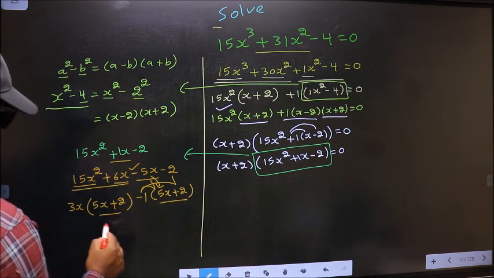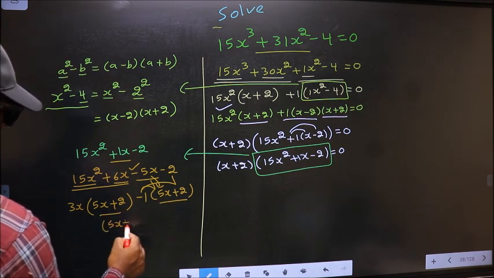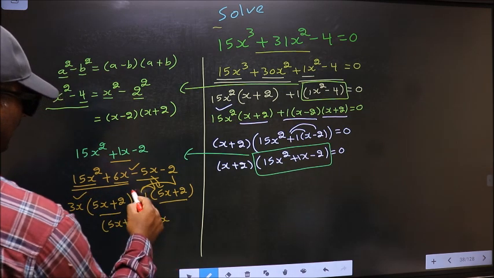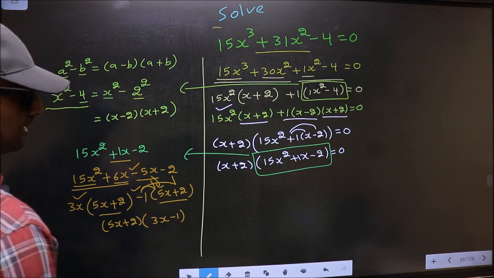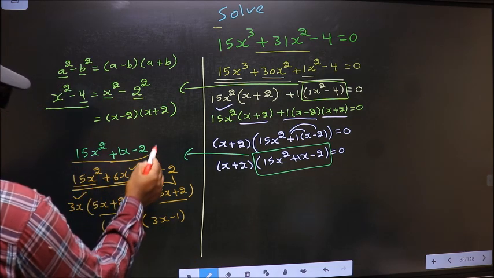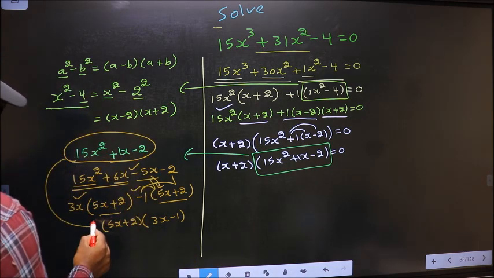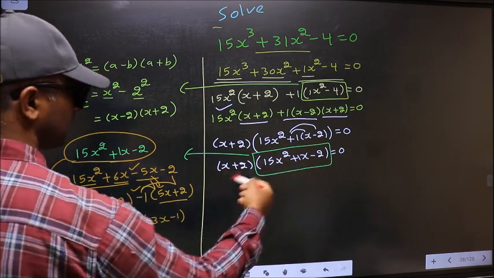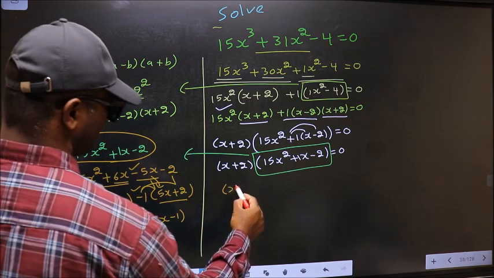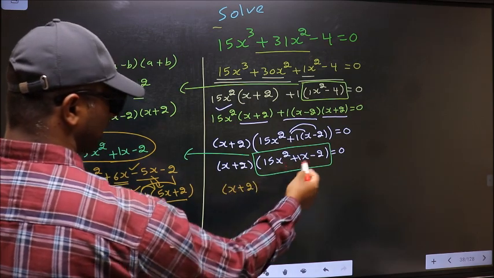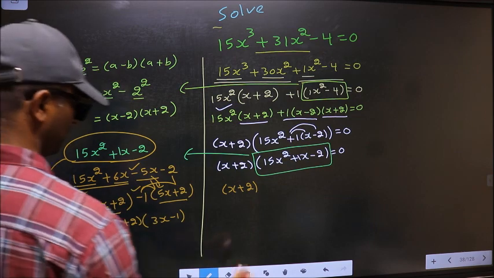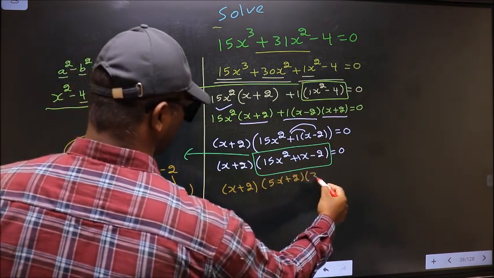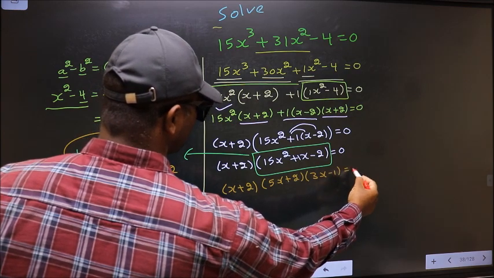Now take out 5x plus 2 common. So here you have 3x and here minus 1. Now in place of this quadratic, we should write this over here. So this equation becomes x plus 2 times 5x plus 2 times 3x minus 1 equal to 0.